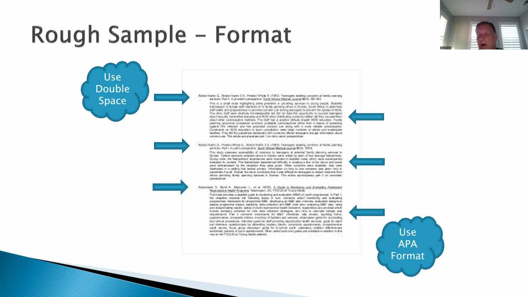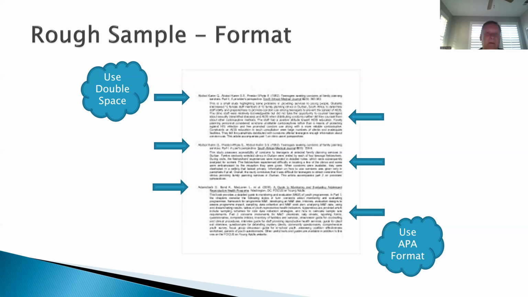So for your article title, it will not be in italics, but you will capitalize the first word, and that's the only word you'll capitalize in that article title, unless you have a colon, and then you'll capitalize the first word after that colon. But for the most part, it's only the first word of the article title that gets capitalized, and then your journal titles are provided in italics. That's kind of a real quick synopsis of APA 7th edition.